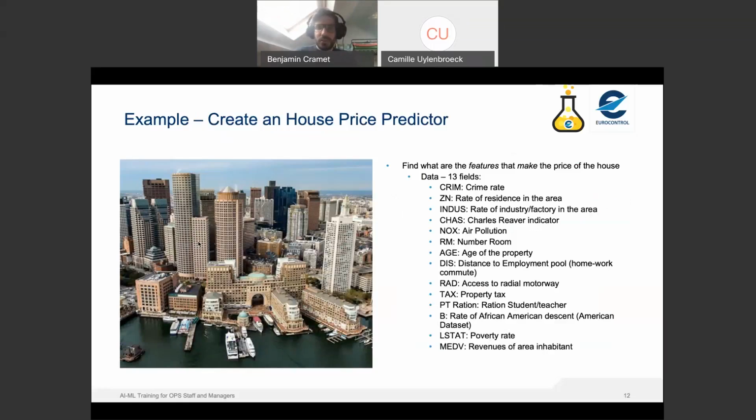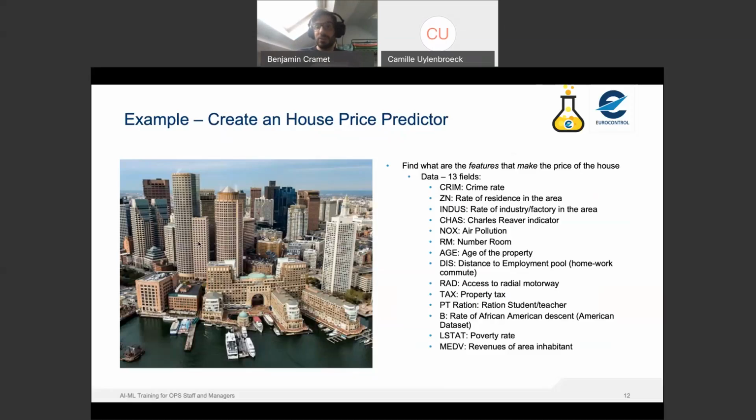So let's look at the business problem. The business problem is to find what features make the price of a house. We have a set of information, 13 fields of what we believe to be very relevant data, that will make the price for a house in a certain neighborhood.